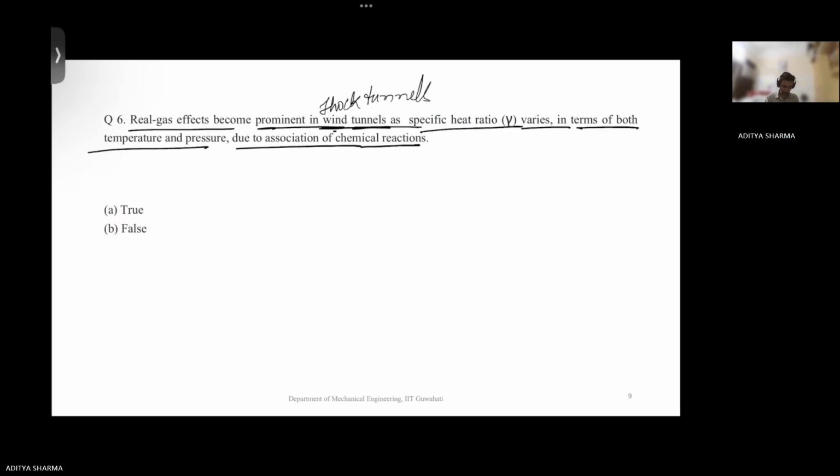Real gas effects become prominent in shock tunnels because here your specific heat ratios start to change with temperature and pressure, because chemical reactions are involved in such high velocity flows. So this is a false statement, because this is not related to wind tunnels but related to shock tunnels.